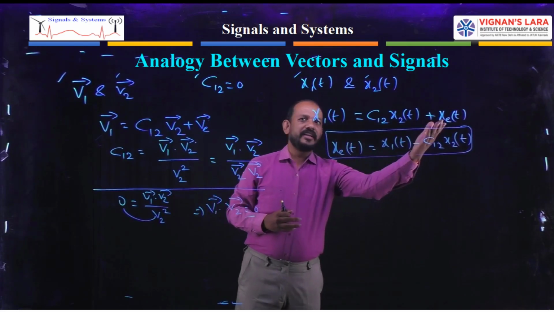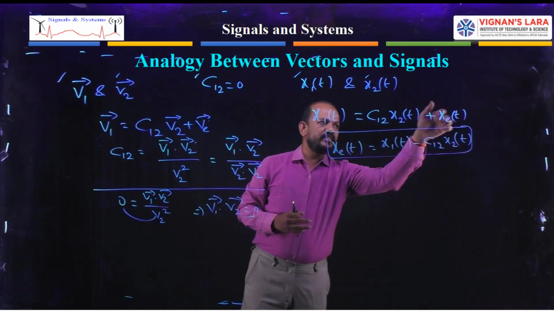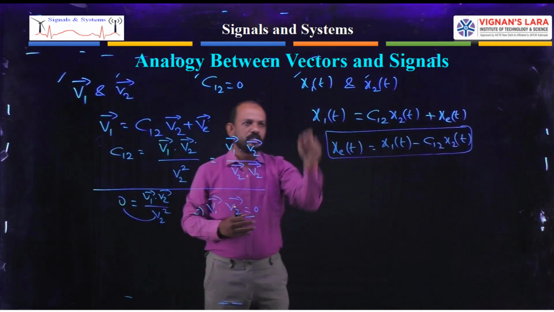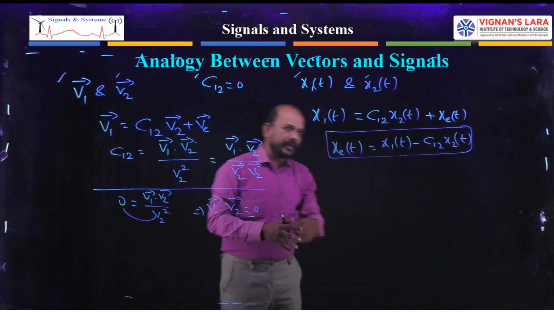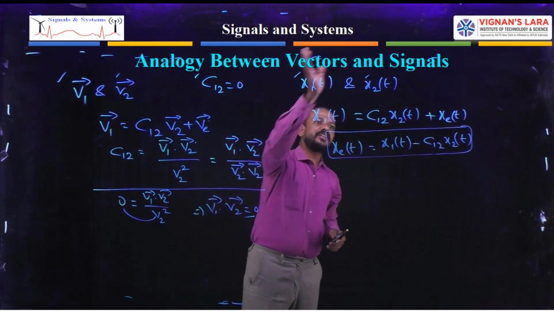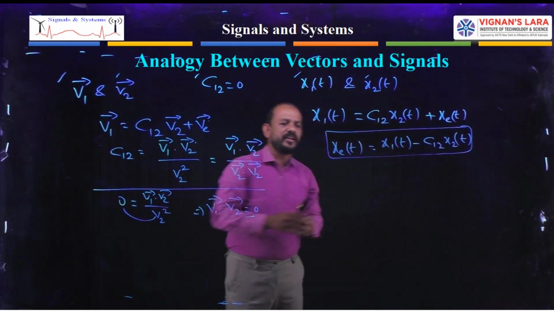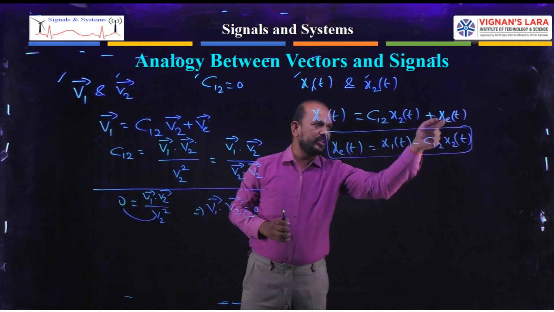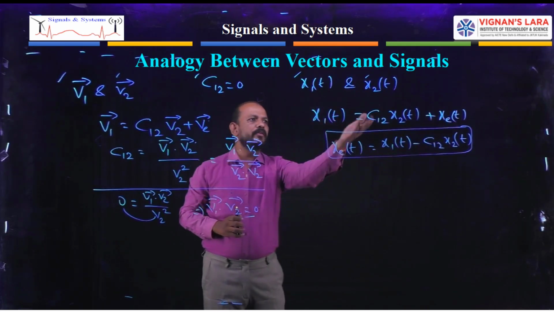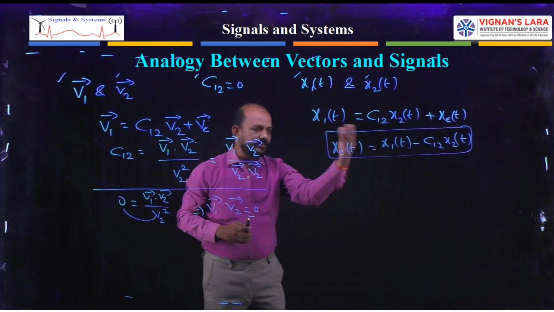Why? Because if xc of t equals 0, the error is 0. Then I perfectly represent x1 of t in terms of x2 of t. If xc of t equals 0, there is no error, that is, x1 of t will be equal to c12 x2 of t.